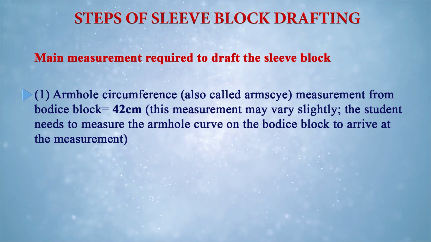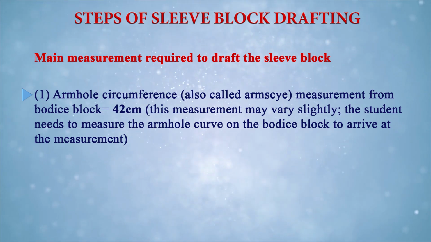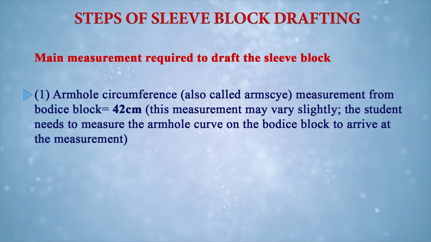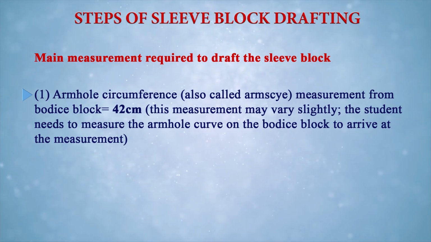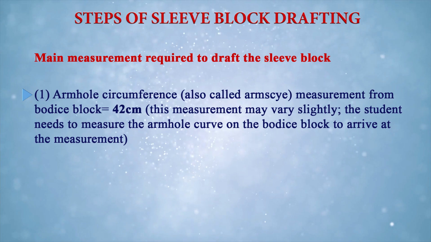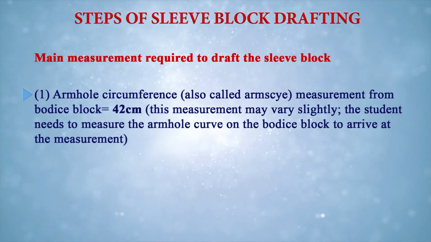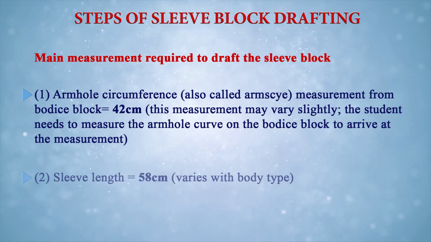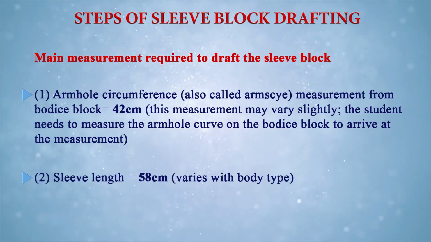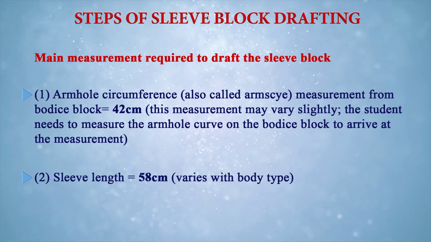This measurement you can vary, we can manipulate it according to the person we are creating the pattern for. So the armhole circumference we take for this standard sleeve block is 42 centimeter, and sleeve length will be 58 centimeter, and this can also vary according to the body type.